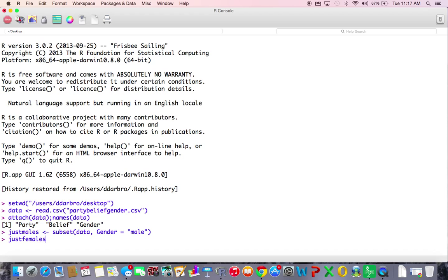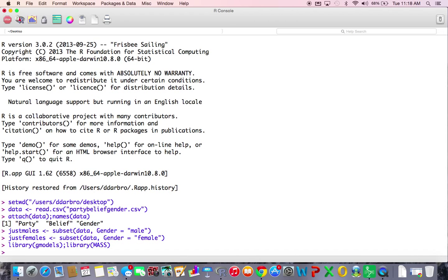I want to go just females the same way. And guys, let's go ahead and install the library for G models, and we'll need the library for MASS. All right, so we should be ready to go.